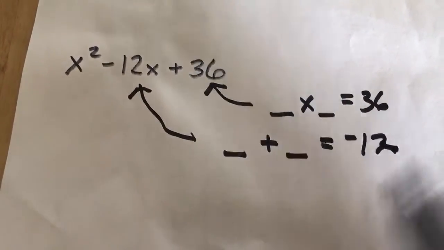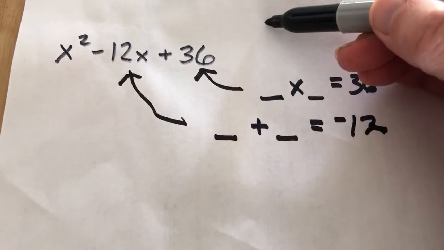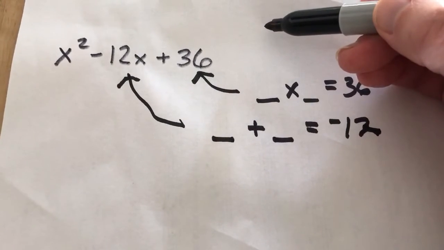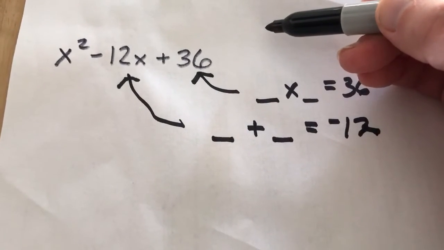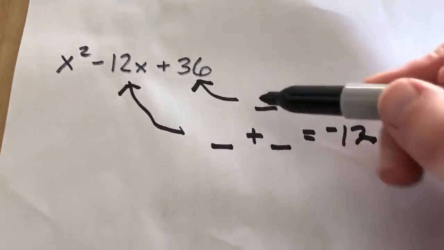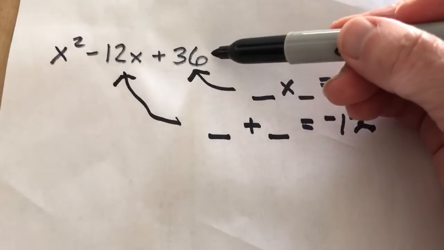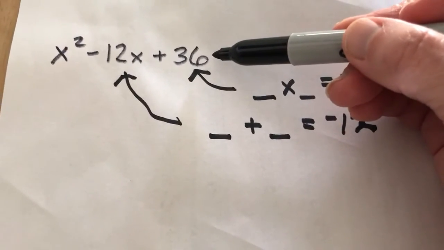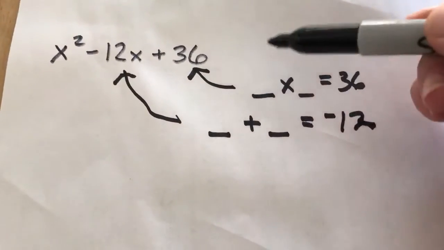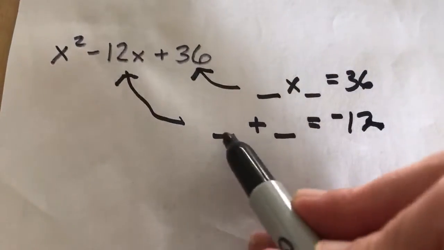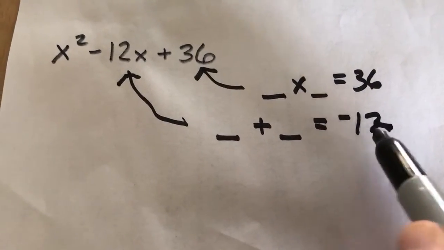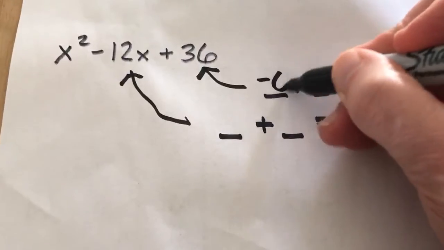So I'm thinking about this and knowing that this is a perfect square trinomial, the two numbers that I pick will be exactly the same. And I'm thinking, oh, if I take the square root of 36, that's 6. Well, 6 times 6 is 36, but 6 plus 6 is positive 12. So I want these to be negative.